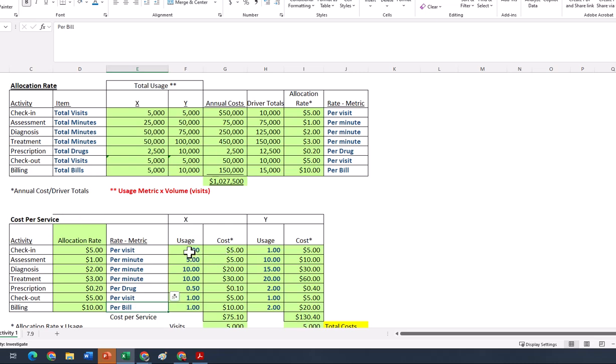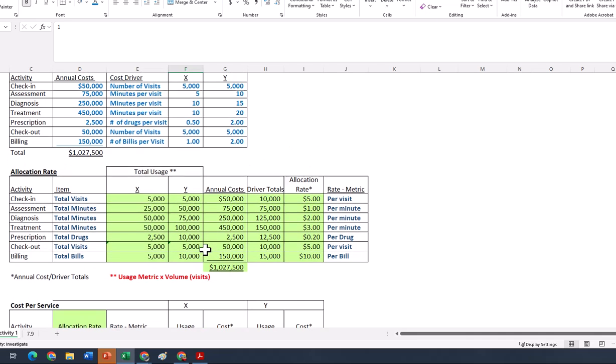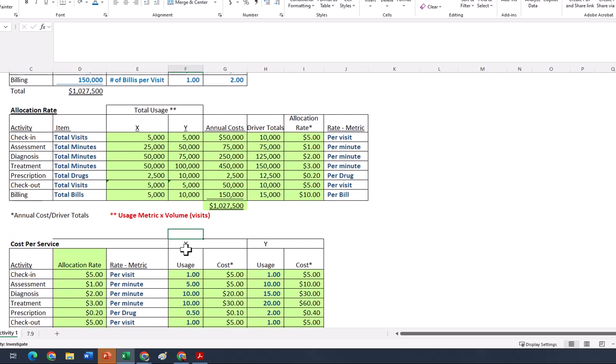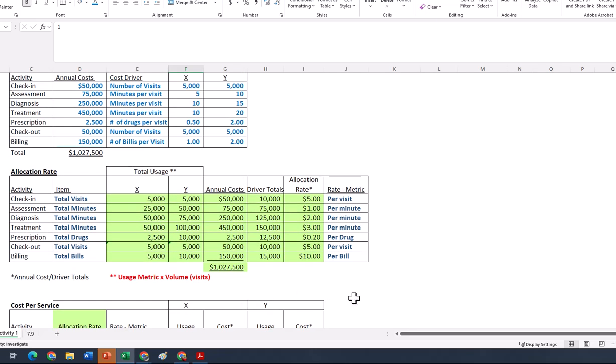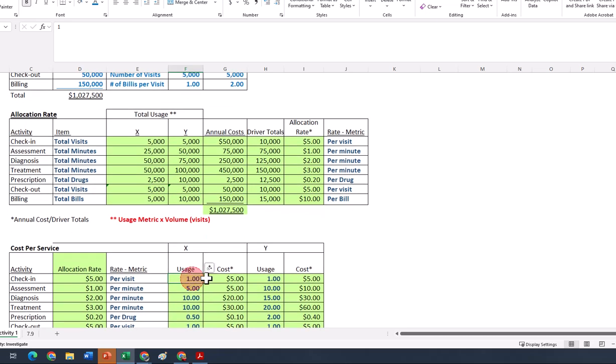And then we take our usage. So for X, we've linked it. Uh, no, X, we've said it's one check-in. I'm sorry, we've per visit.